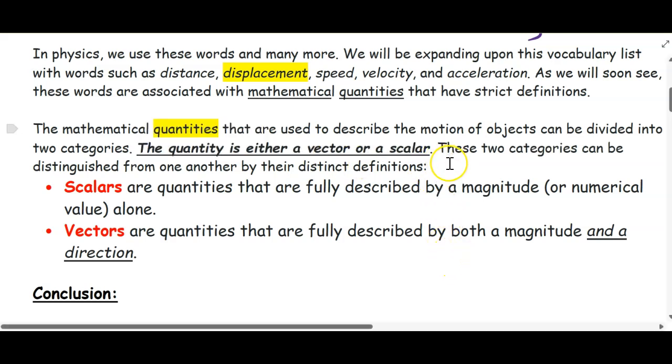Until you did the vector, you didn't know there was a word for that, did you? But when you read a map and you're looking at distances and then how far you have to go this direction, how far you have to go that direction, you're also doing vector thinking. These two categories can be distinguished from one another by distinctive definitions. So scalars are quantities. We also know this by another word, and that would be variables.